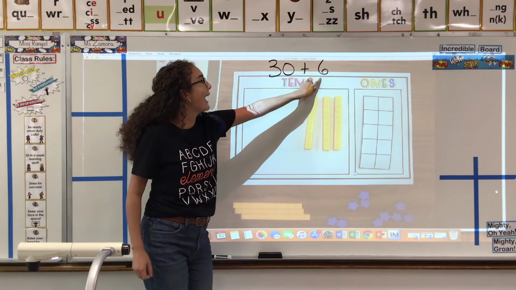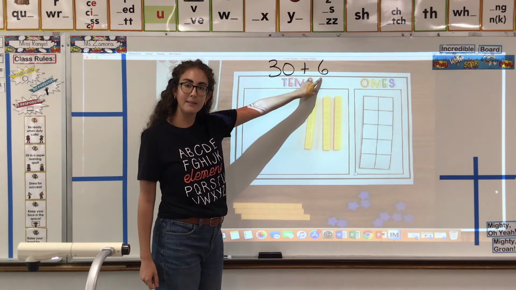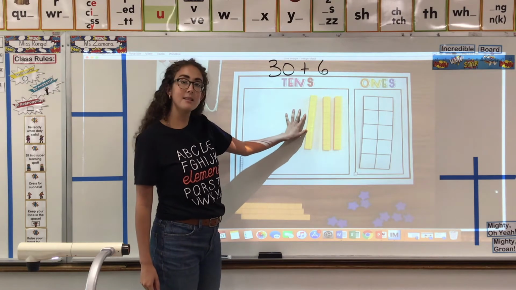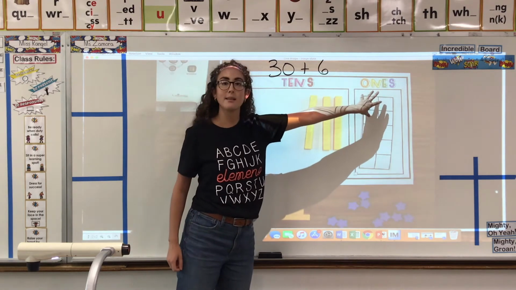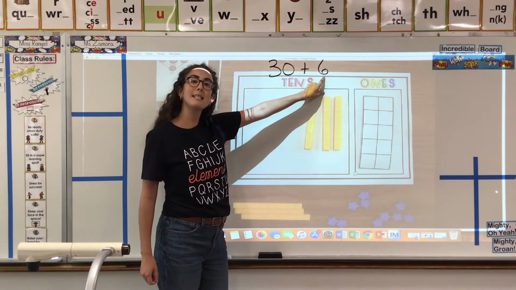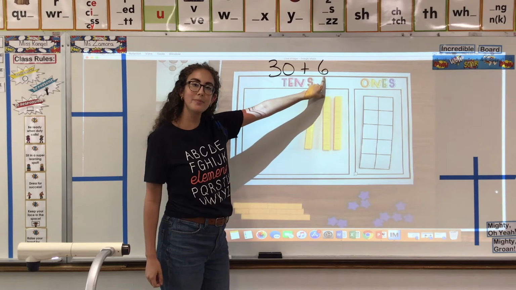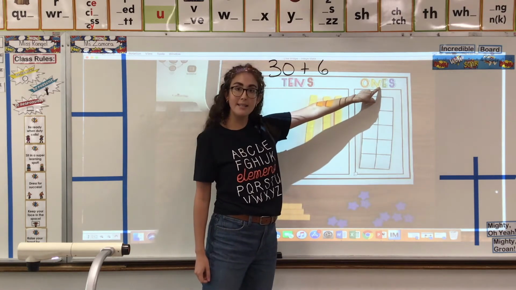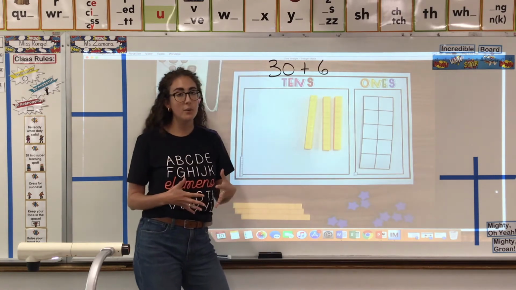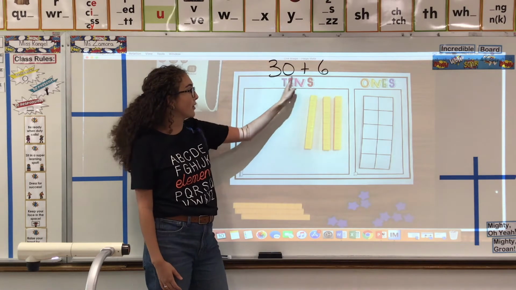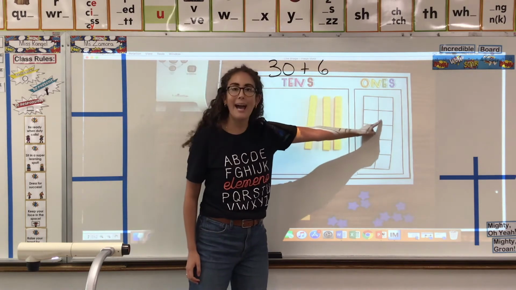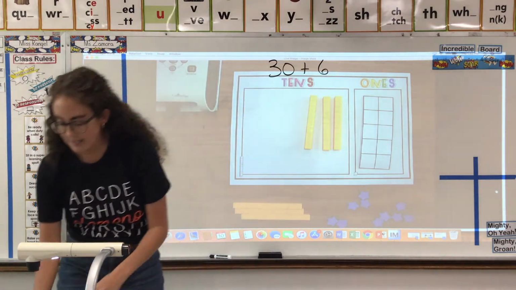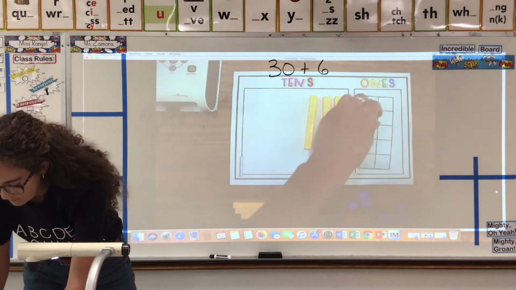Now we need to add 6. Is the number 6 a tens or a ones? What does the number 6 represent? It represents 6 ones. So in this situation, when we read 30 plus 6, we're going to add to our ones column. So let's go ahead and do that. Let's add 6 ones. Here we go.